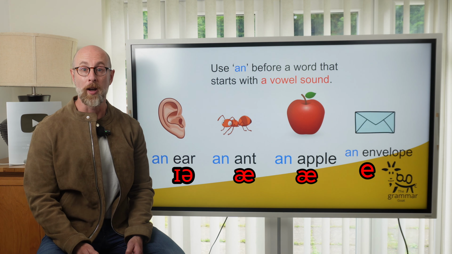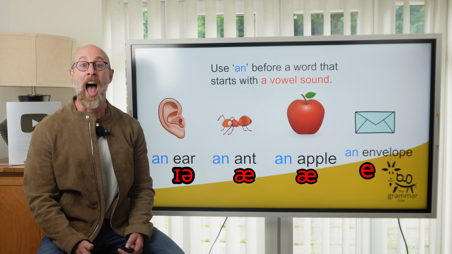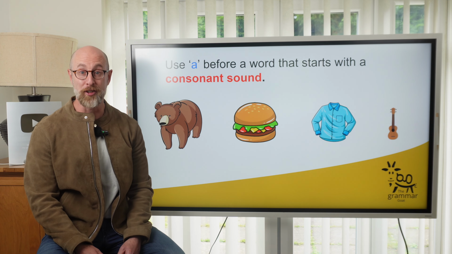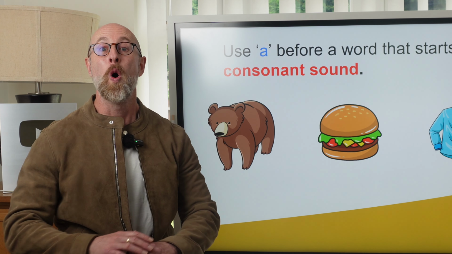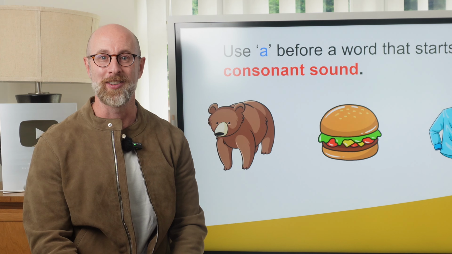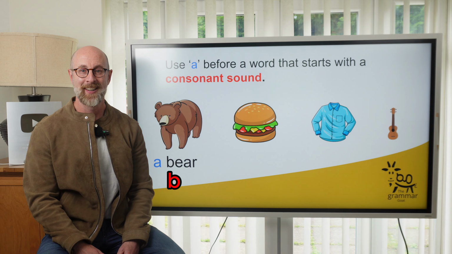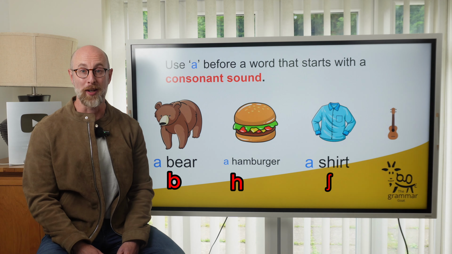The diphthong, ear, and the vowel sounds, a. We use a before nouns that start with a consonant sound. So all of the other sounds that aren't vowel sounds. For example, a bear, a hamburger, a ukulele.